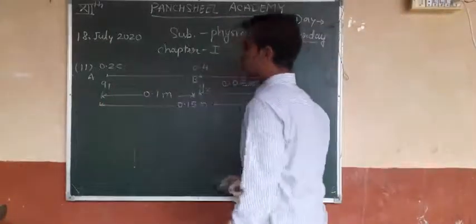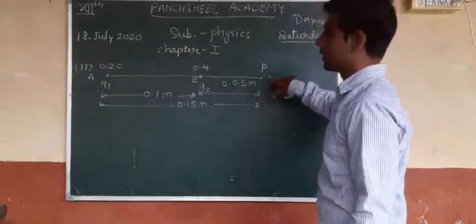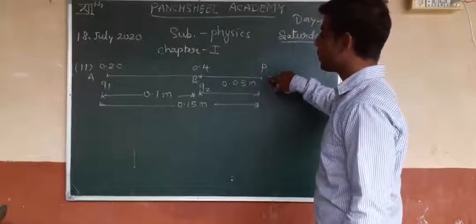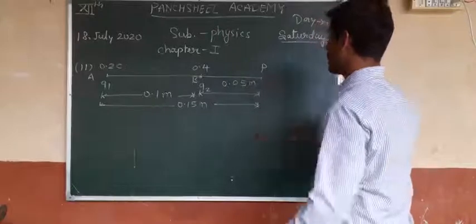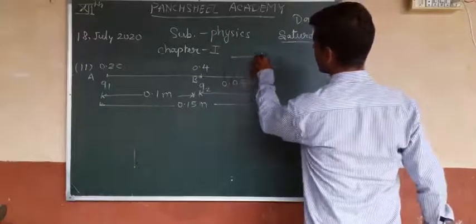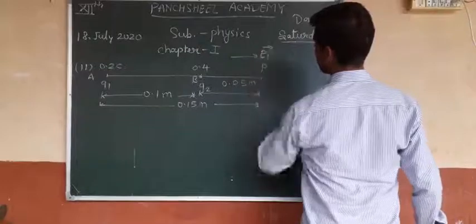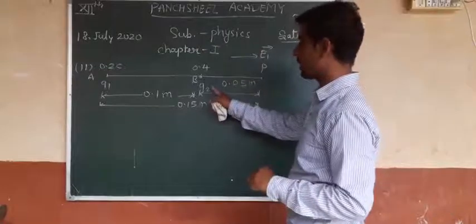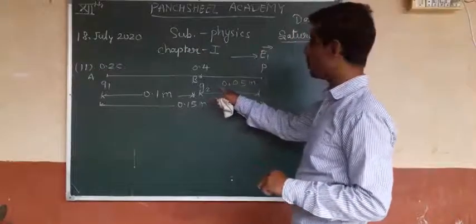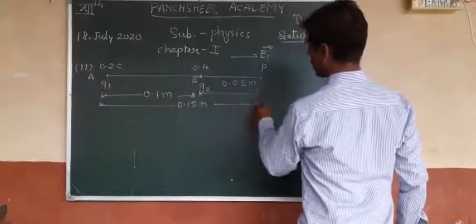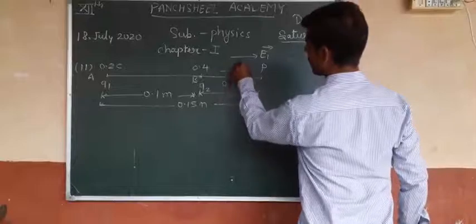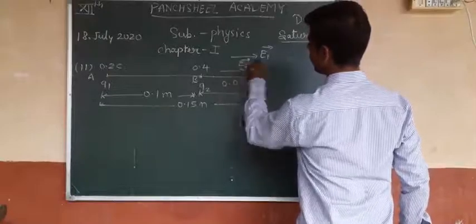Okay, now the electric field E1 due to Q1 at point P is in this direction, that is the E1, and the electric field due to Q2 at point P is also in this direction, or I write here, that is E2 vector.